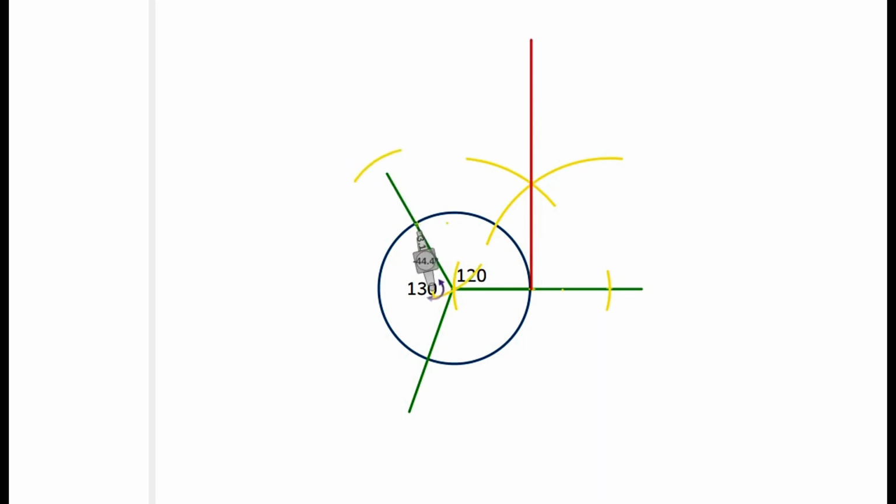Extend the tangent. Draw tangent at the end of the second radius. Extend the tangent so that it meets the other. Now draw tangent at the end of the third radius.